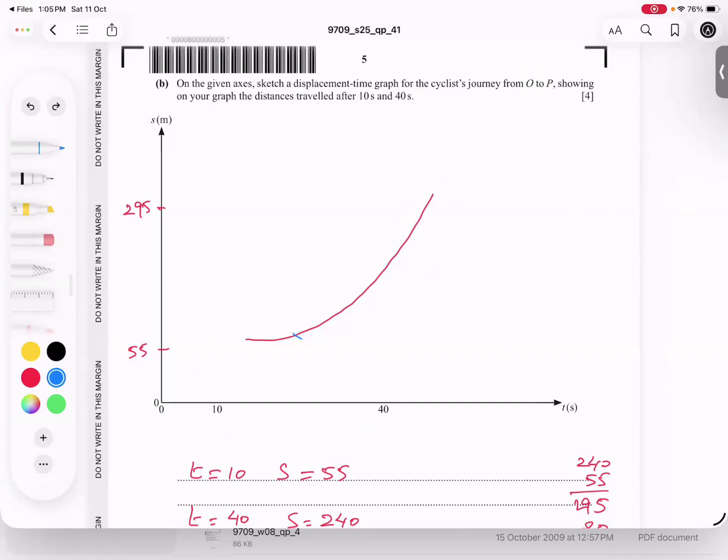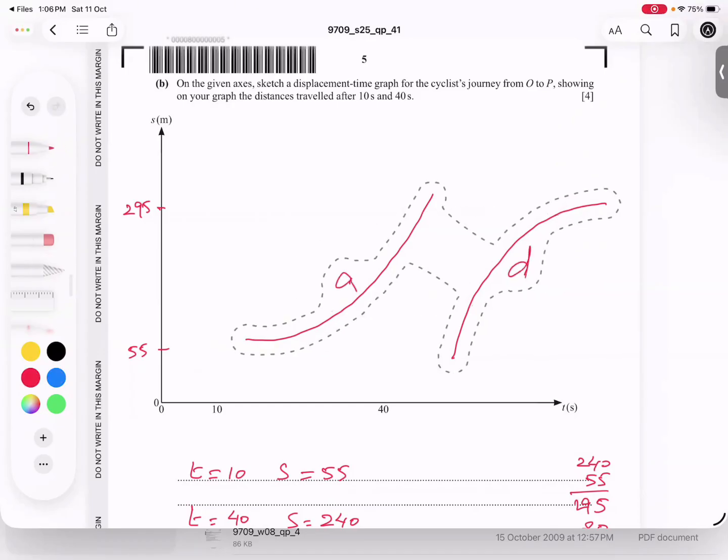But hold on, what is deceleration? This diagram is for deceleration. First it has a bigger gradient, then it becomes smaller and smaller. So when you're stopping your car, this is the diagram for stopping. So this is for acceleration, this is for deceleration. Don't forget it.